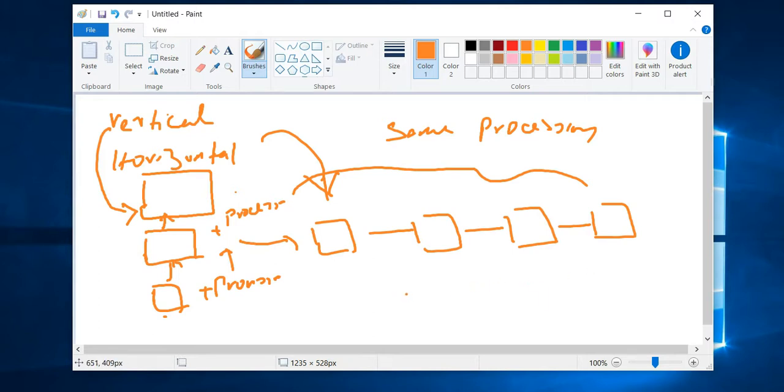The benefit of this is that if we are going to add individual processors within the machine, it is more costly. But over here, it is less costly, okay? So whenever needed, I can just add more machines to my network.